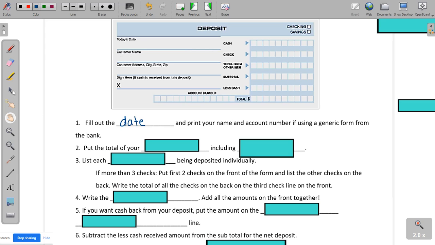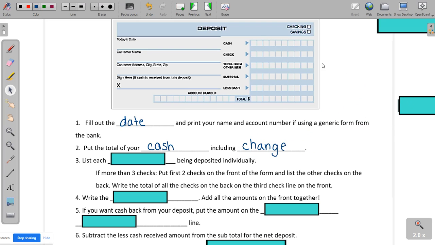Then you are going to put the total of your cash, including any change you have, in this section right here. Then you're going to list each of your checks that's being deposited individually. So the first one you would list here, and then the back has a list for any more, and then you'd put the total from the back here.